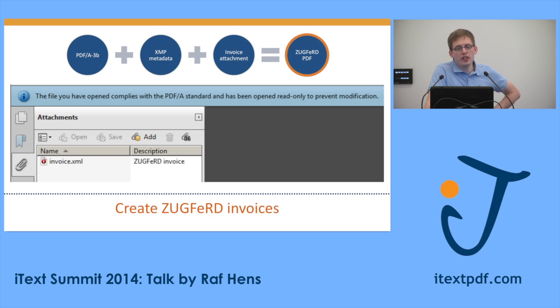What we don't do is check if the invoice XML itself is valid, for example. There are requirements on how to structure this XML file in ZUGFeRD, which is part of the standard. These checks aren't done in iText at the moment.